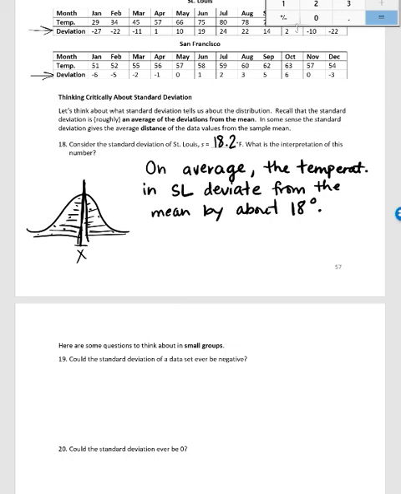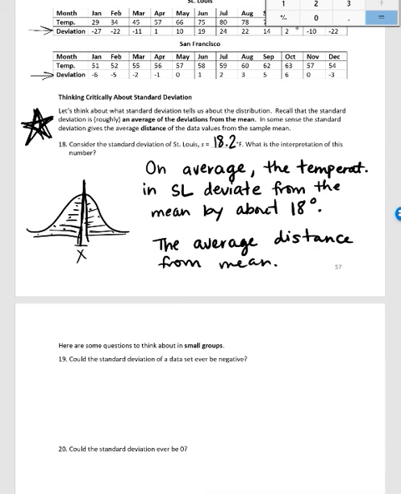So if you think about this concept, what I really want you to take away here is this idea: what does the standard deviation tell us? It really is telling us the average distance from the mean, or the average spread, right?